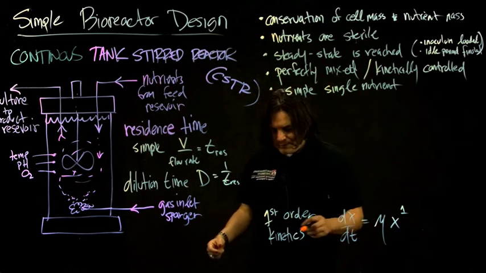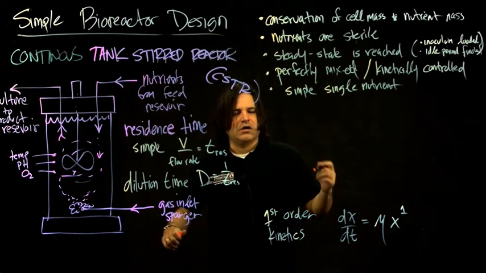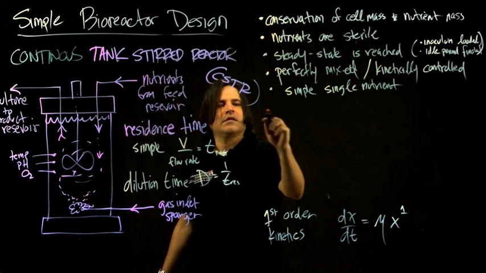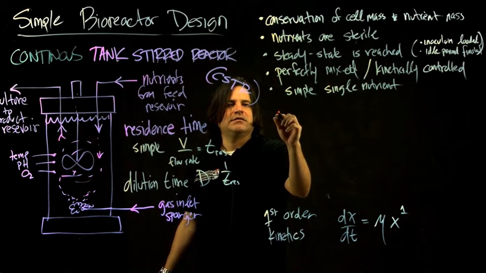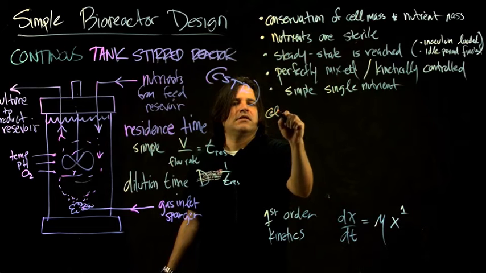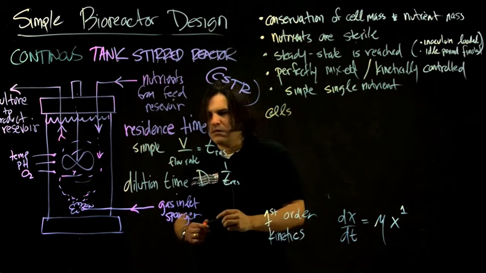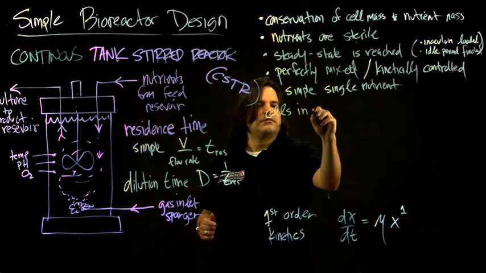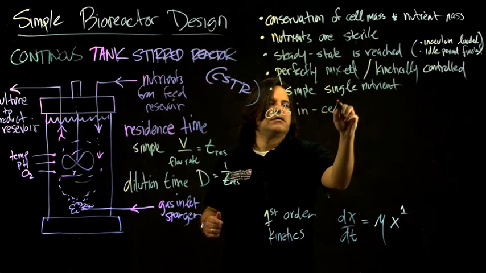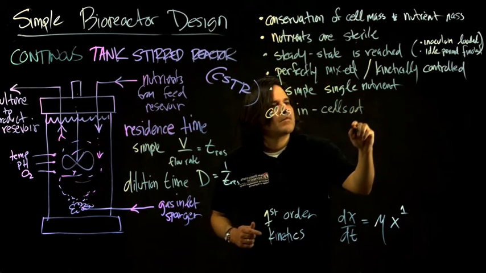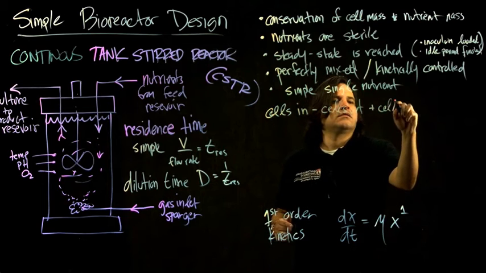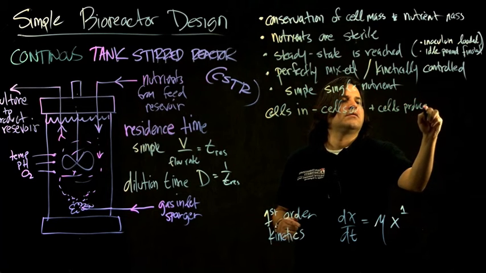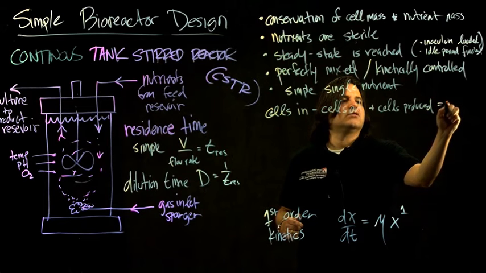So what you do is you do a balance. The cells coming in, this culture, the cells in minus the cells out plus the cells produced equals 0, steady state.